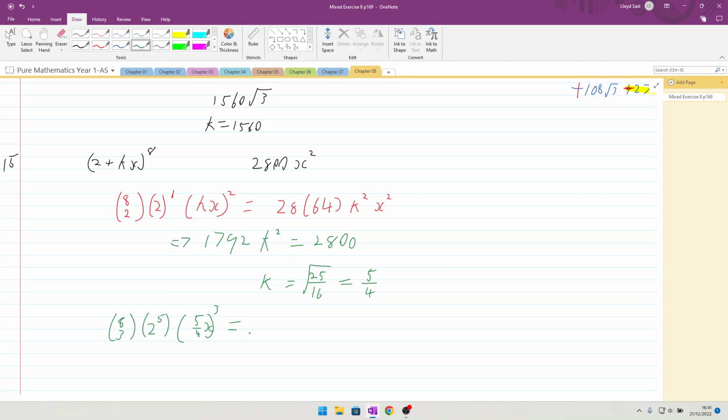Okay, so 8C3 is 56. 2 to the power 5 is 32. 5 over 4 cubed is 125 over 64 x cubed, and so times 32 times 56 is 3500 x cubed.